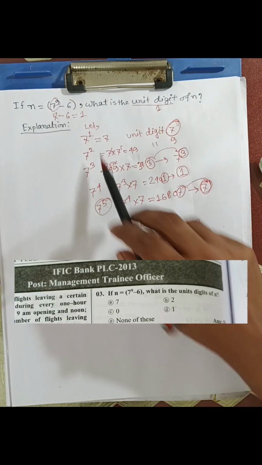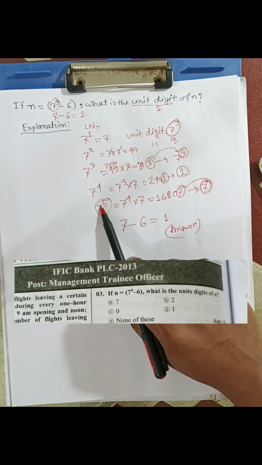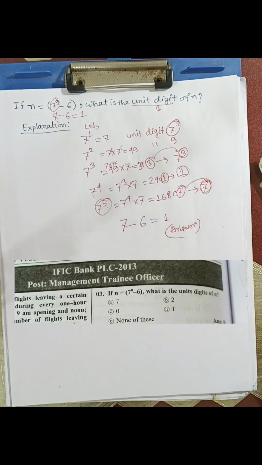So 7 to the power 1 and 7 to the power 5 are the same and repeated, and 7 minus 6 equal 1.